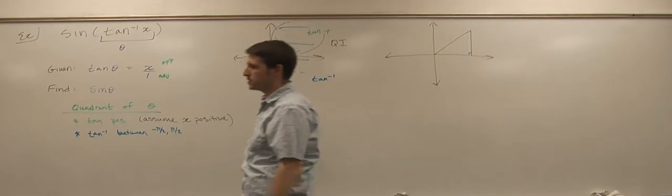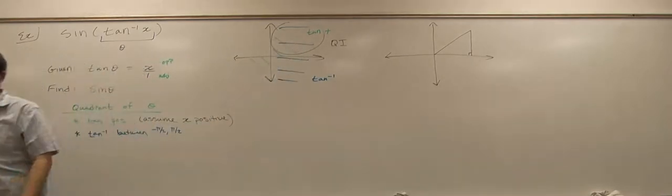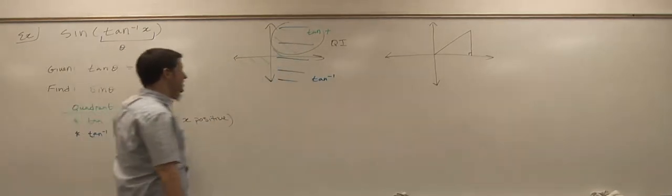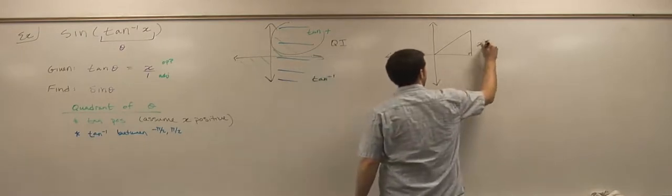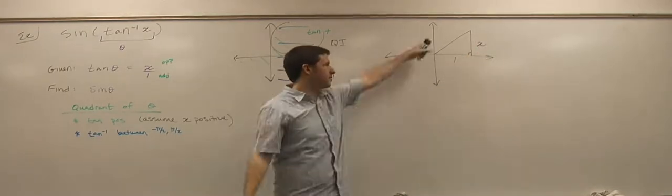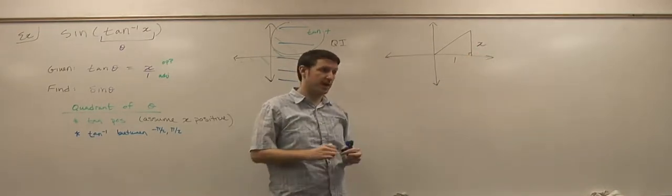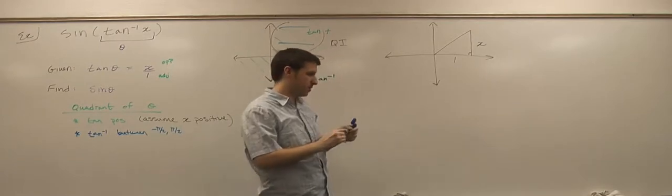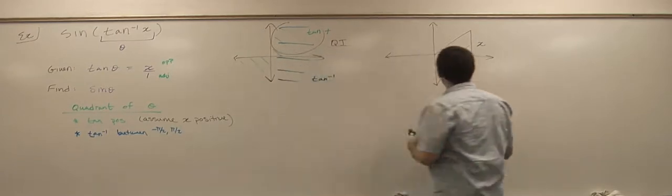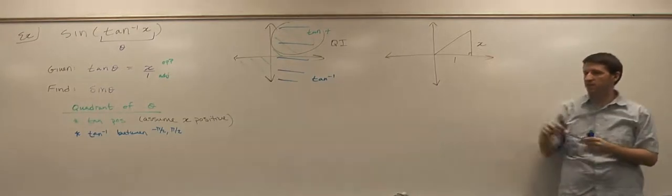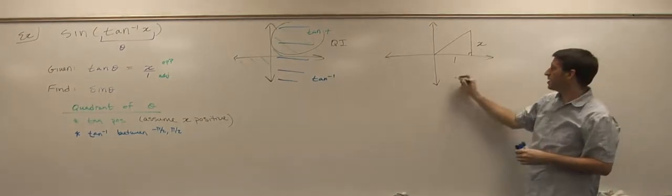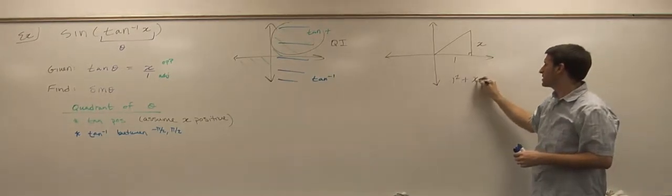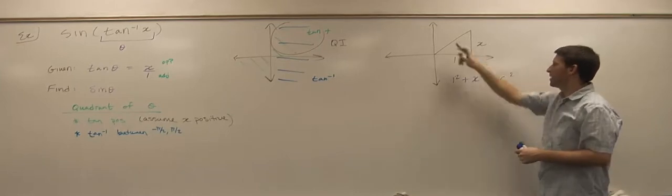What do I label my sides? Opposite is x, adjacent is 1. How do I get the hypotenuse? Pythagorean theorem. Now, you're not going to be able to simplify it very much because you have an x instead of a number. But you're going to have to calculate 1 squared plus x squared equals c squared, the hypotenuse.